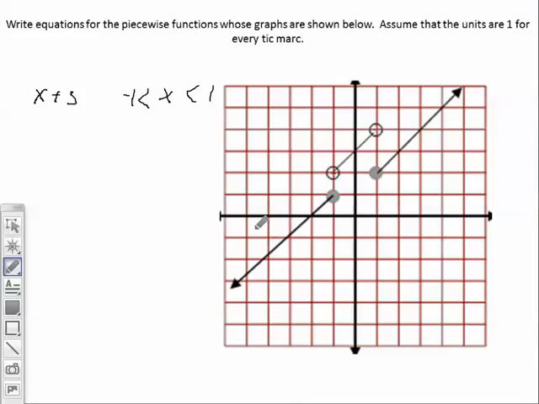Okay? So let's look at this line over here to the right. It's got an x-intercept right here. It's going to hit the x-intercept down there. That's going to be x plus 1, and that's going to be for everything that x is greater than 1, and for everything x less than negative 1, it's going to be x plus 2.